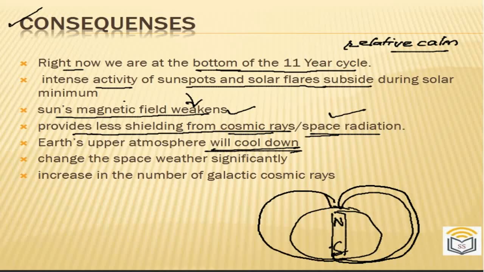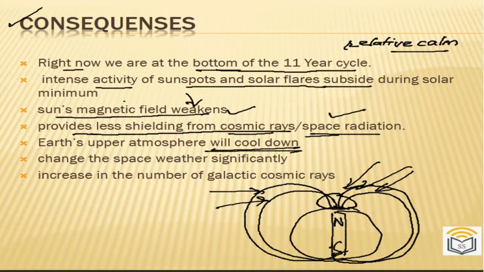As a solar flare or cosmic ray comes and hits, you can see the phenomenon of aurora in the polar regions, in the North Pole around Norway or Greenland, Iceland. Since the magnetic field is weakened, there will be less aurora visible, and a relative cooling down of the Earth's upper atmosphere.